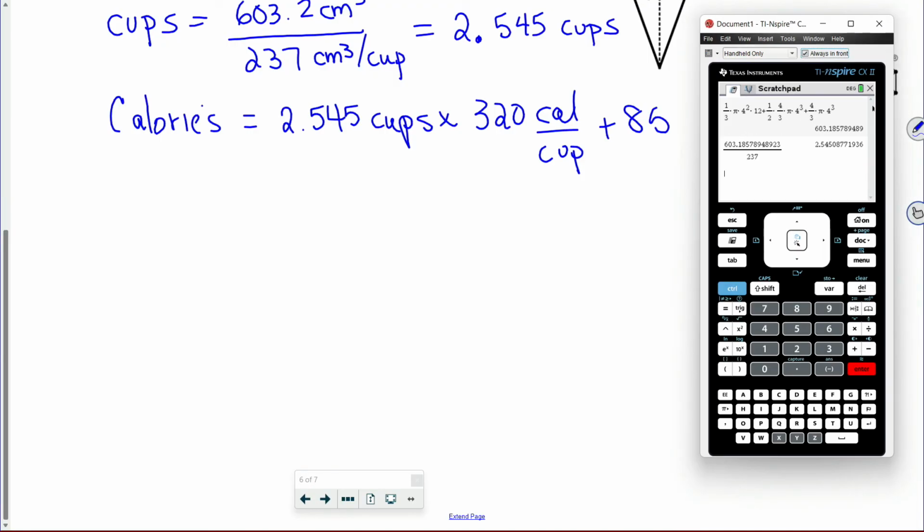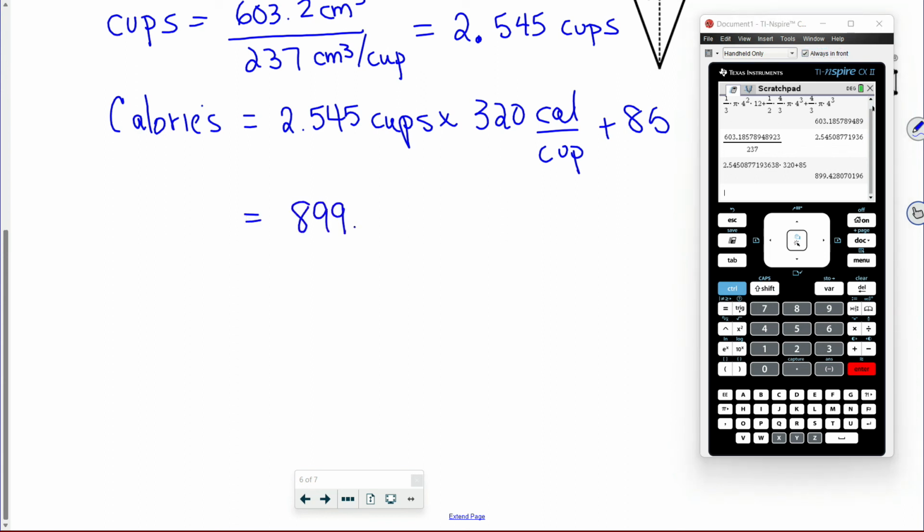So I'm going to take my answer and multiply it by 320 and then add on 85. Woo, man, and that is 899.428, etc. So 899 calories.